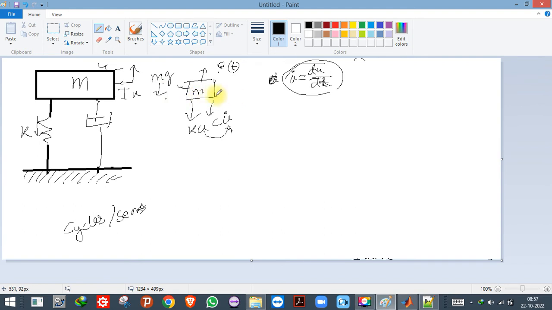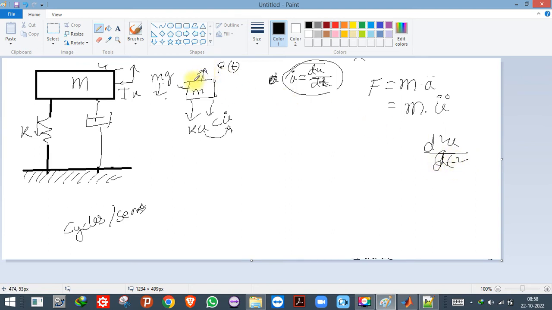And as we are pulling the model upward, due to Newton's law, force equals mass into acceleration. So here acceleration we will denote by u double dot. U double dot is d squared u by d t squared.